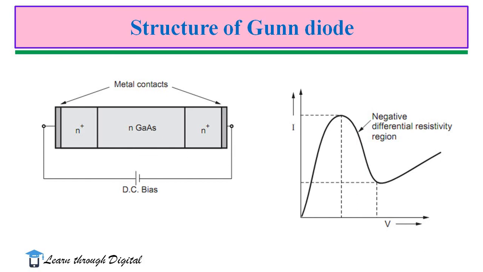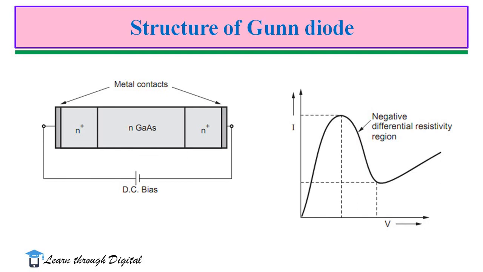If voltage or electric field at a low level is applied to the gallium arsenide, initially the current will increase with the rise in the voltage. When the diode voltage exceeds a certain threshold value, a high electric field is produced across the active region, and the electrons are excited from the initial lower value to the higher value.